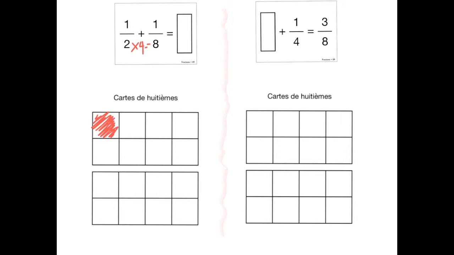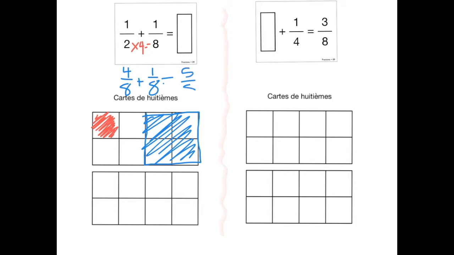And then I want to add 1/2. So a half of the whole, or the large rectangle, I can represent this way, and that represents 4/8. So the equivalence that students need to recognize here is that a half is equivalent to 4/8. So the question that we're really looking to solve is 4/8 plus 1/8, which is 5/8.